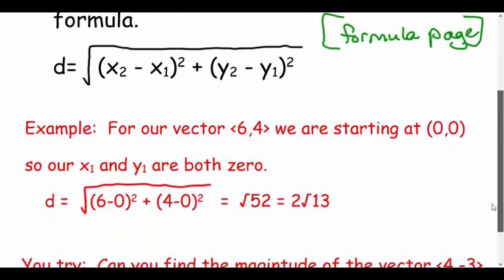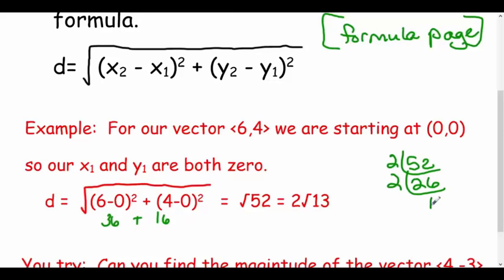So for our vector 6, 4, we started at 0, 0, so our x1 and y1 are both zeros, which makes it 6 squared plus 4 squared, so that's 36 plus 16, which gives you 52. And if you remember maybe, we did, oops, okay, upside down division, right?